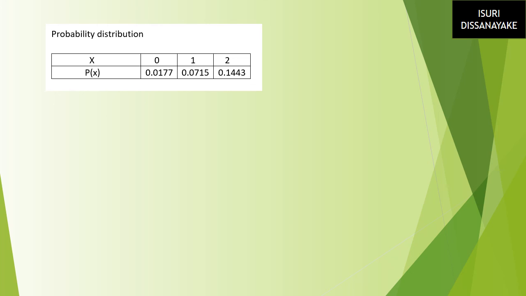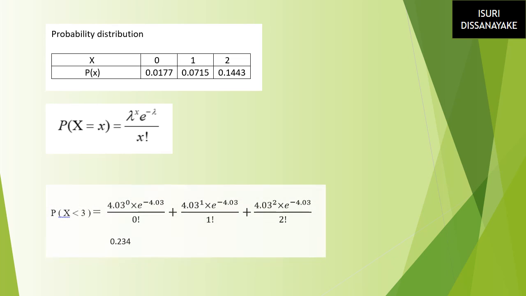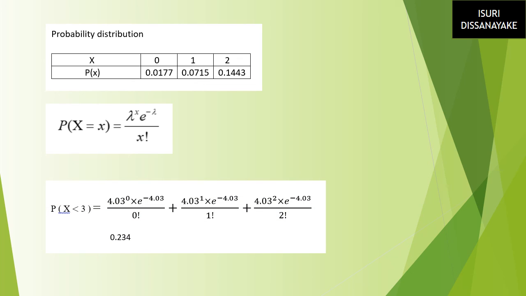So I'm going to explain this using the probability distribution table. X equals 0, 1 and 2, and I'm going to find the relevant probabilities. How am I going to find the relevant probabilities? Using the formula, and I know the lambda value, which is 4.03.